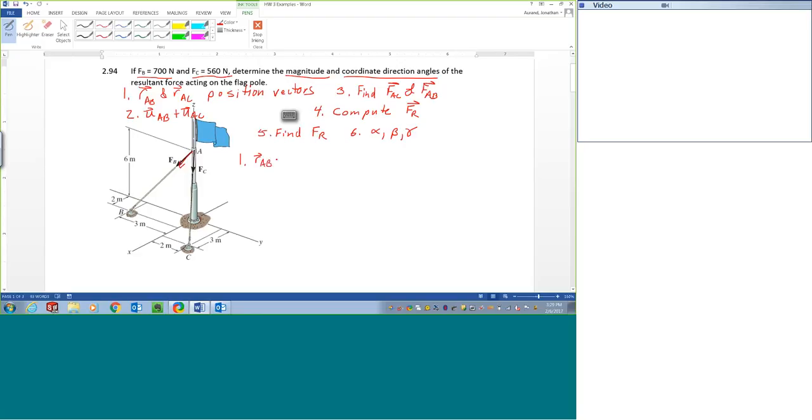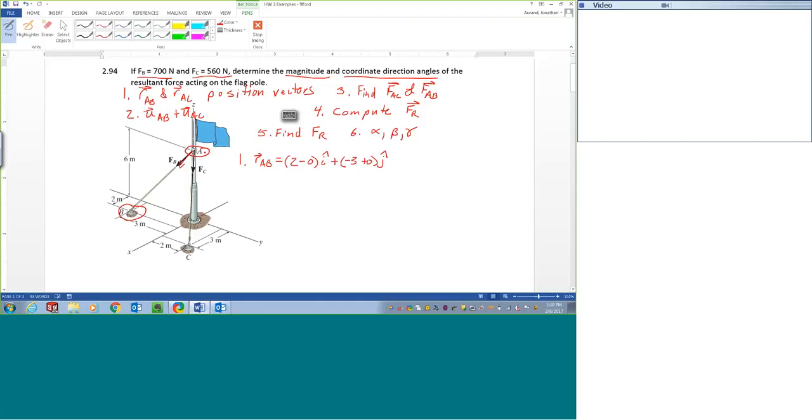We'll take the location of point B, back off the location of point A, and get a vector. So in the x direction, we have 2 minus 0, i, plus in the y direction, negative 3 plus 0, j.